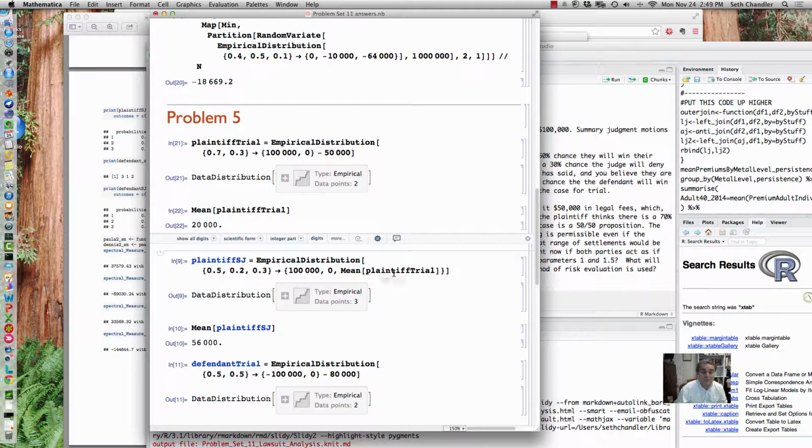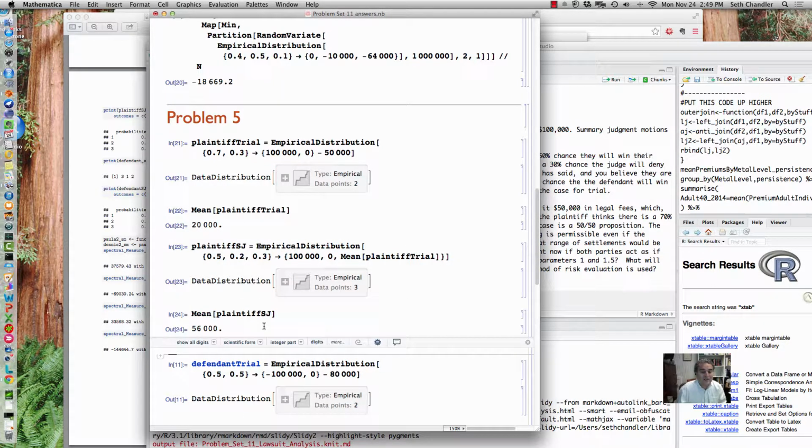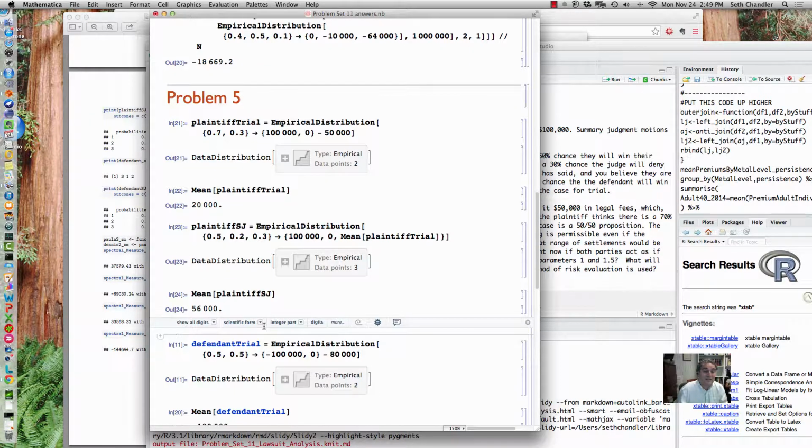Okay? So I'm sticking the mean in there, and if I do that, we get $56,000. And so, as I sit at the summary judgment phase, the value of this case to me is $56,000 if I'm risk neutral.